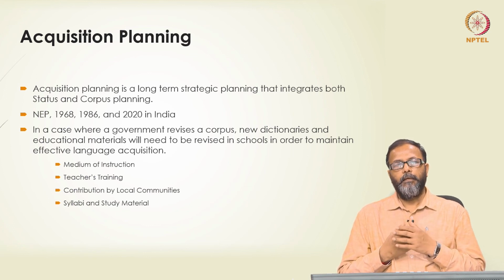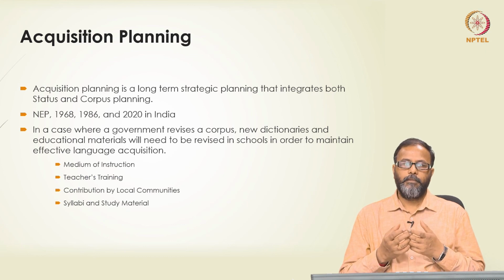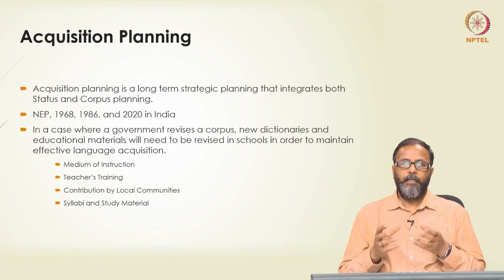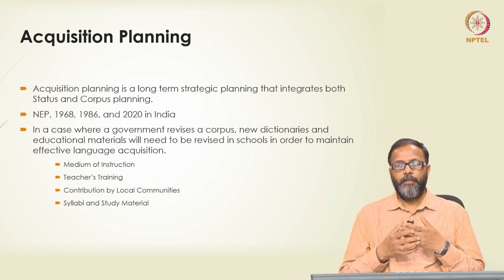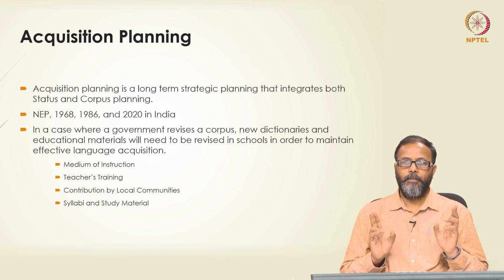Acquisition planning is a long-term initiative to create a new generation of users who acquire this particular variety as their second or third language, right? And even if they are native speakers of this variety, they learn it in a formal domain in its standard form, in quotes.